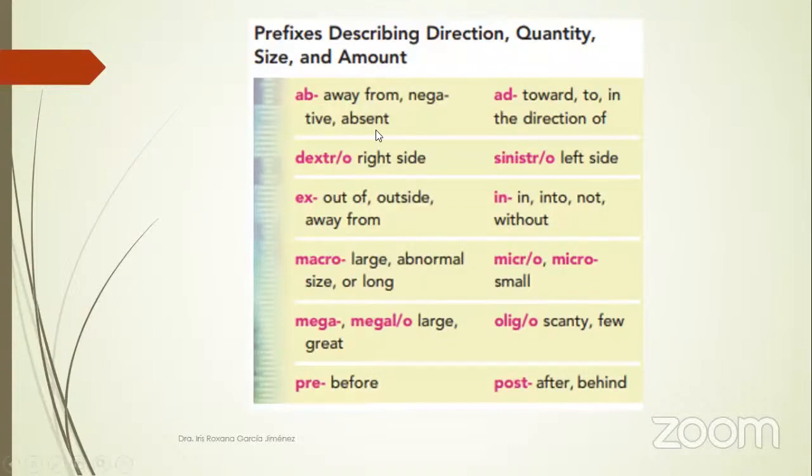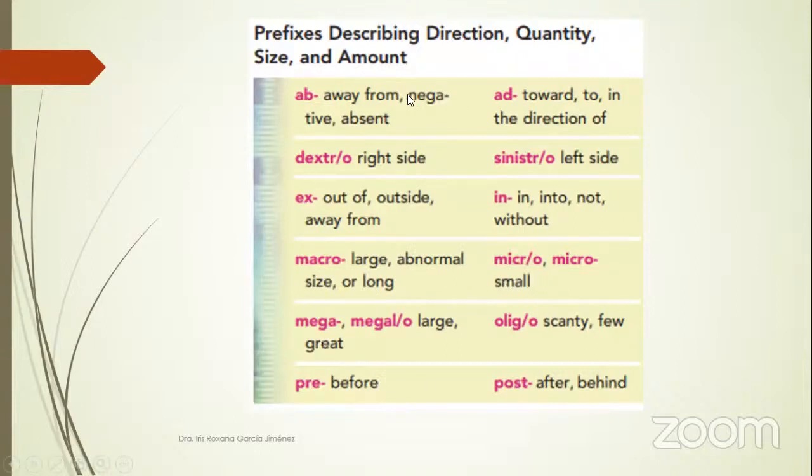For example, abnormal, out of normal condition, right? Ad means toward, to, in the direction of, right? Another example, easy, macro, large, abnormal size or long, right? Micro, small, of course.